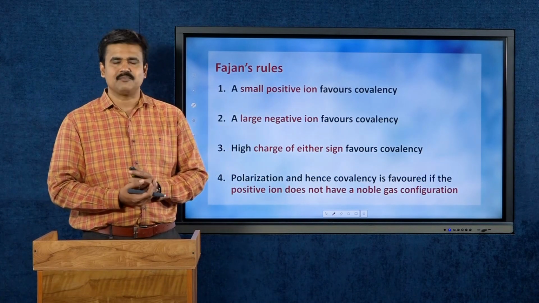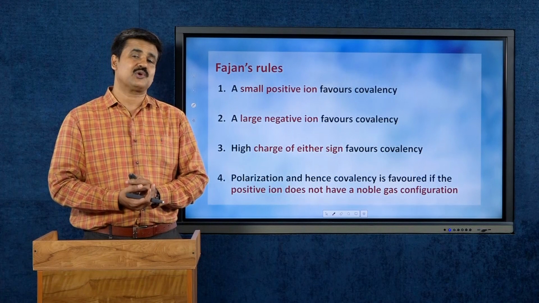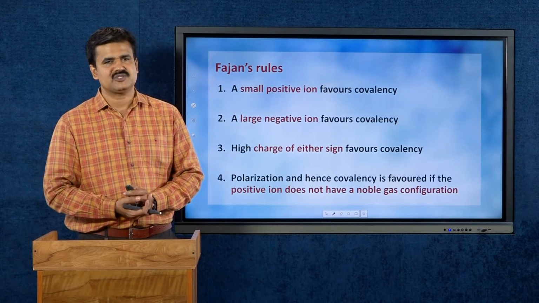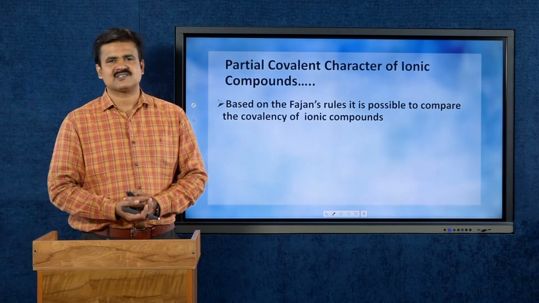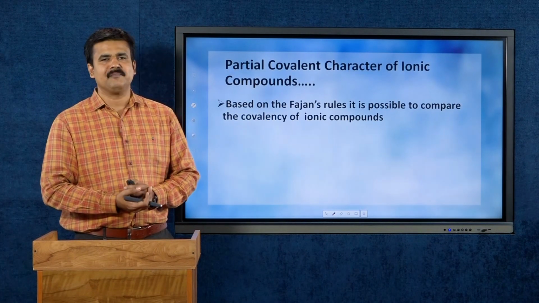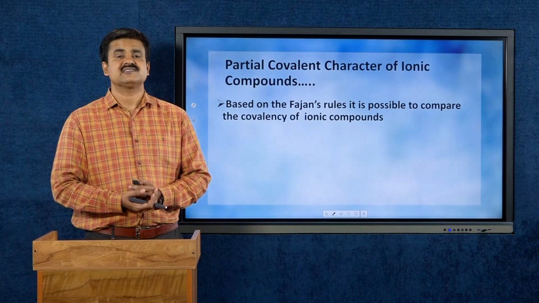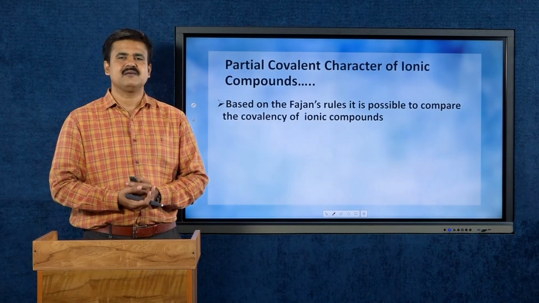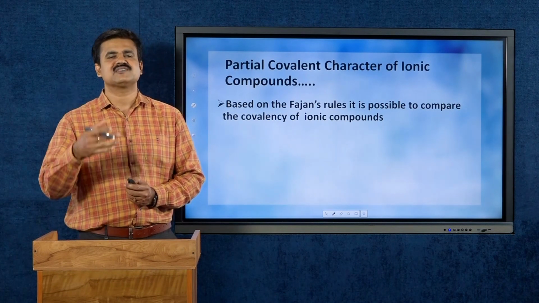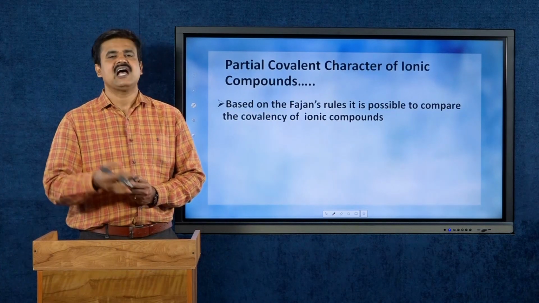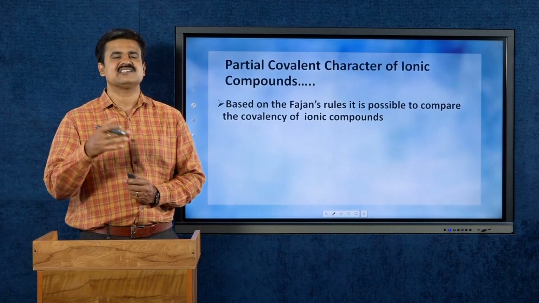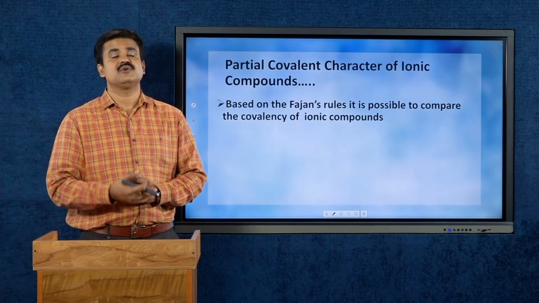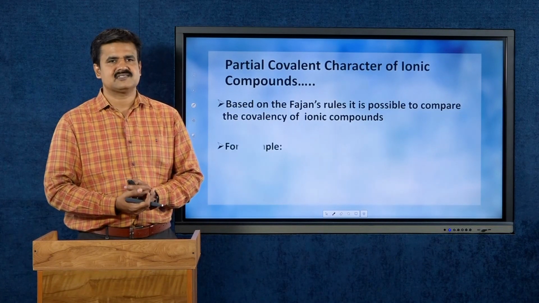All these support the covalent nature or covalency of an ionic compound. Now, based on Fajan's rules, it is possible to compare the covalency of some ionic compounds. For example, if you are provided with some ionic compounds like NaCl, magnesium chloride, aluminum chloride, etc., it is possible to compare the covalent character as well as ionic character based on these Fajan's rules.